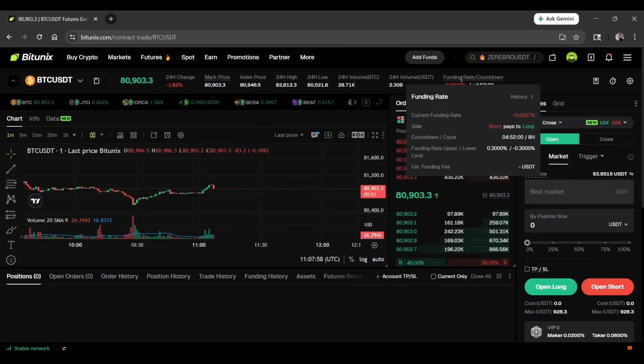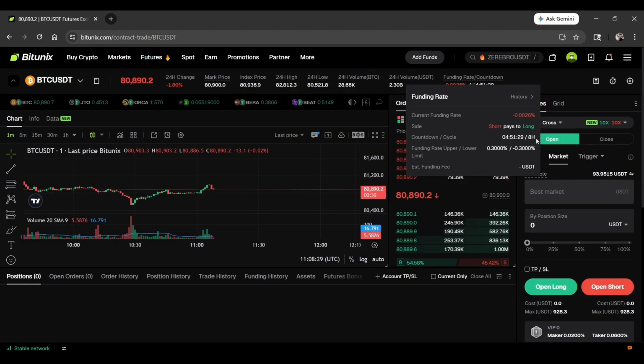So the funding rate is basically like an interest rate payment that shorts have to pay to longs, or the opposite, that sometimes longs have to pay to shorts, right? So if this value is negative, that means that shorts have to pay longs. And if this value is positive, that means that longs have to pay shorts. And for Bitcoin, this interest rate payment will come every 8 hours.